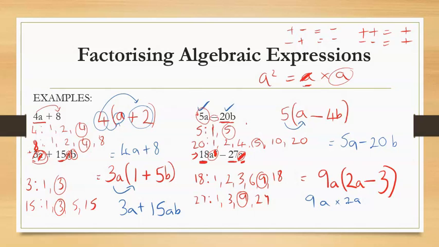Now you might want to watch Algebra Part 3, where I go through multiplying algebraic expressions. But basically you do the numbers first. So it's 9 multiplied by 2 is 18. And a multiplied by a is a squared. Then you've got 9 multiplied by 3, which is 27. You've got a positive 9 and a negative 3.